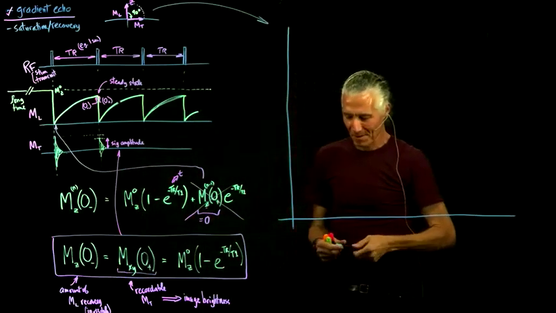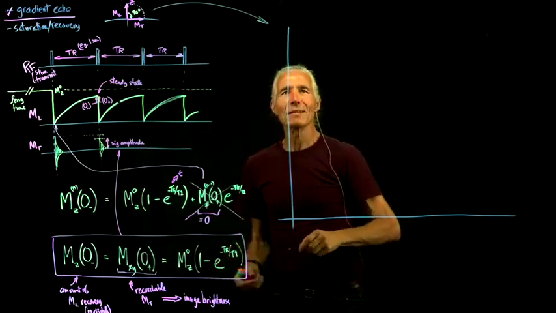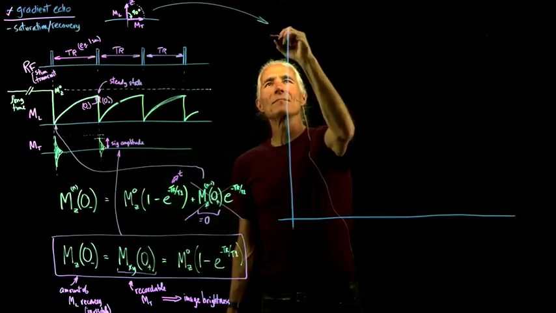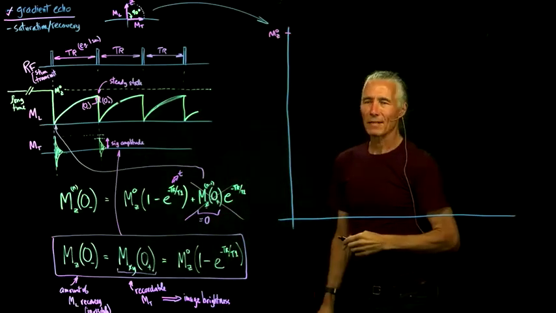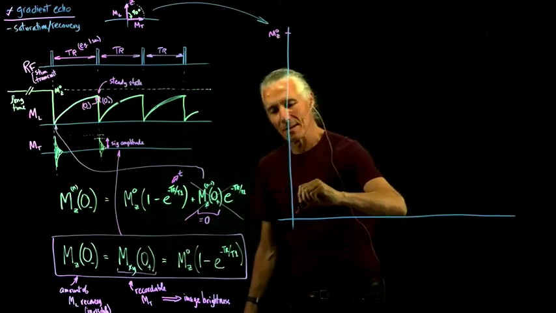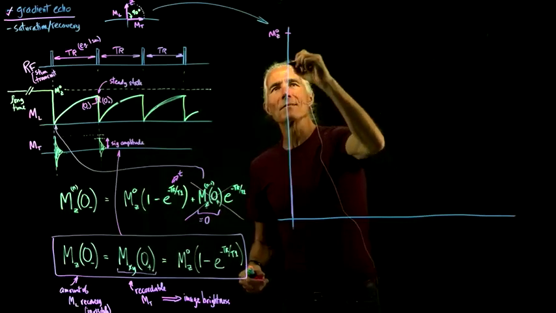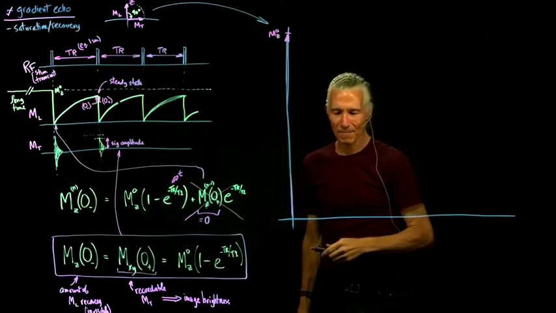So what's actually happening? Well, say this is MZ0. So that's our equilibrium magnetization. And so we've waited a long time, a couple seconds, and so we get all the way up to equilibrium magnetization.